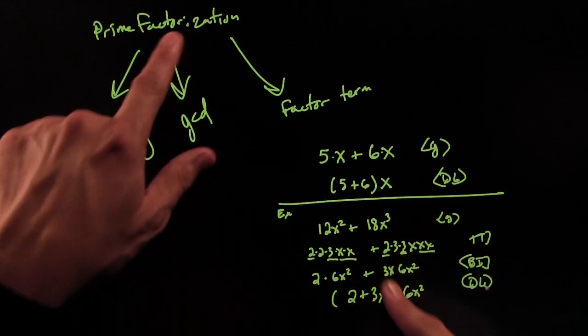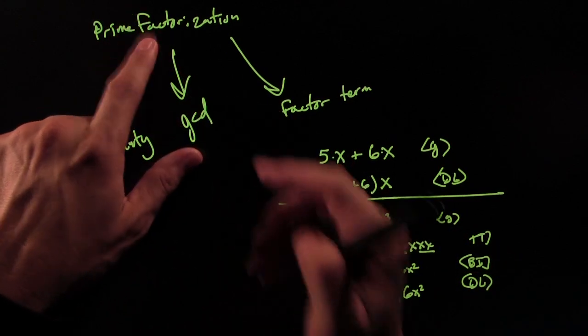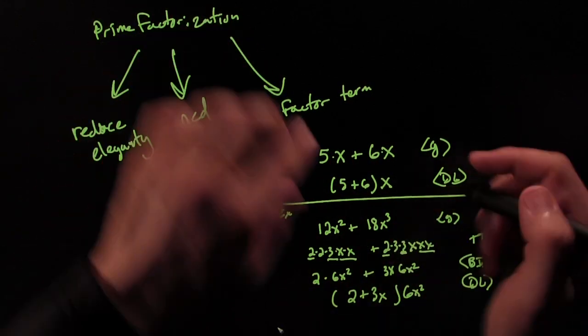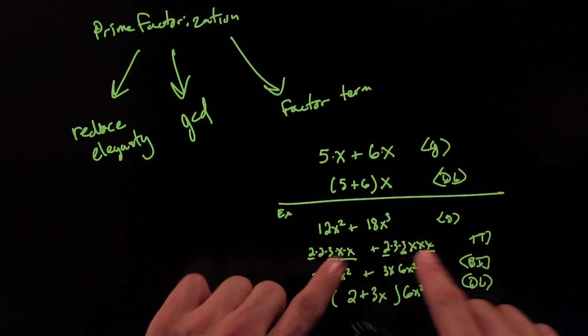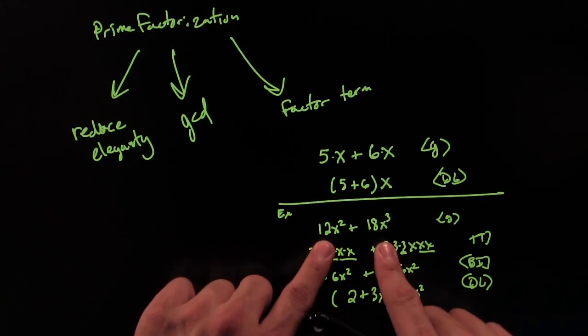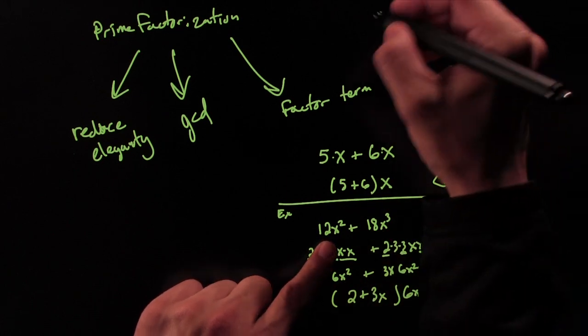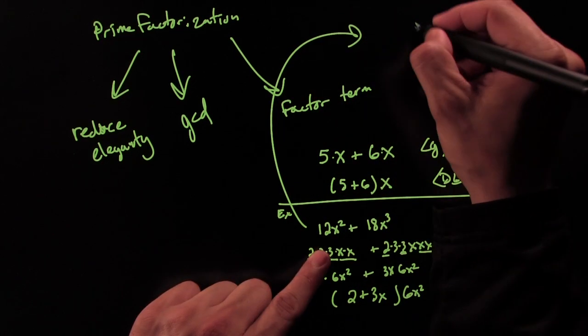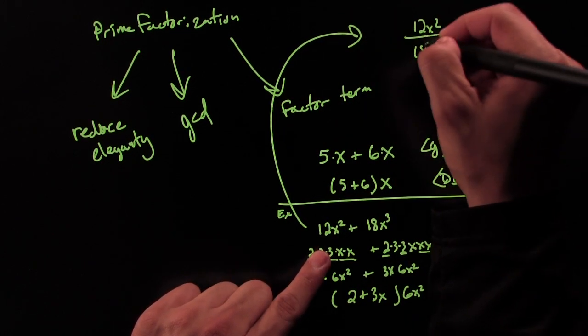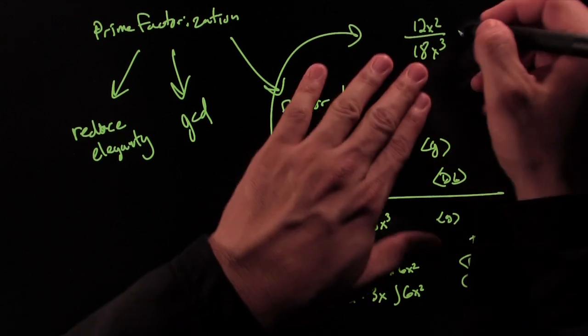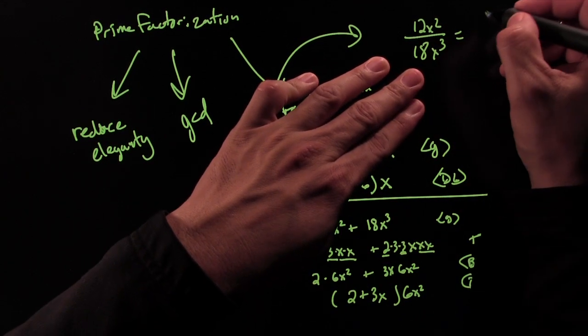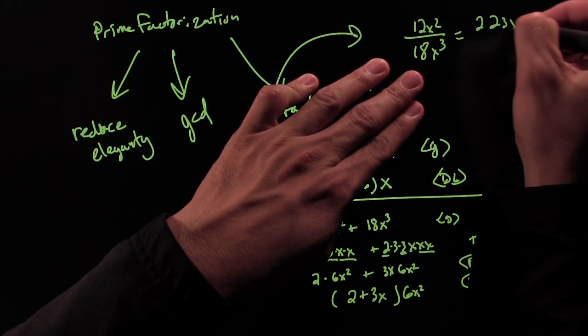So another famous use of the powerful idea of prime factorization is to factor terms, to see what's the greatest common thing that you can factor. It's exactly the same concept. If you had something like this, 12x squared over 18x to the third, what can you factor out of each piece? So you would say, oh, this is a 2, 2, 3, x, x.